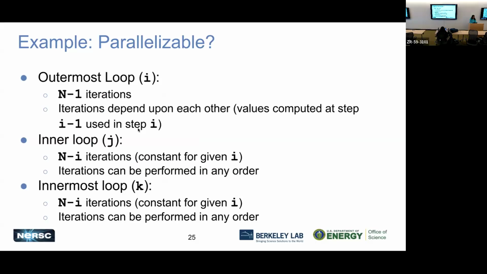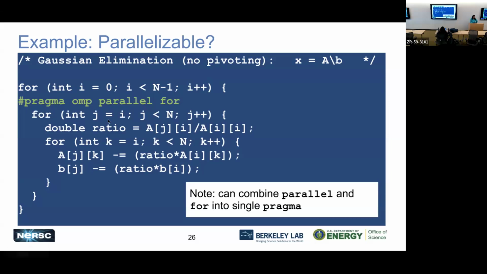So this is an example here. Outer loop I is not dependent on each other. Inner loops, yes, in any order. I already explained these. So this is the right way, omp parallel for, right? I mentioned earlier parallel and another line for the loop.